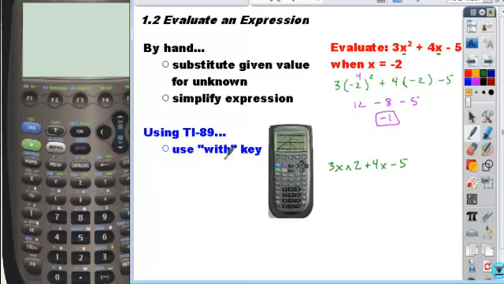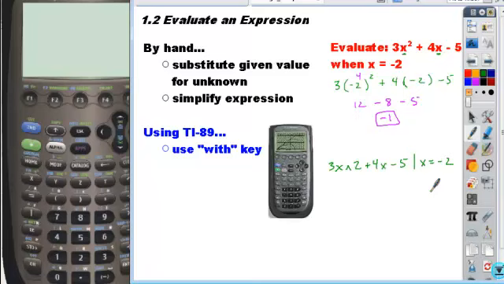The with key is the vertical bar that's located right to the left of the 7. So there's vertical bar, and then you could tell the calculator what you want your variable to be equal to. So x equals, and then -2. Okay, so if you enter this line on your TI-89 and then hit enter, it'll give you the correct solution.